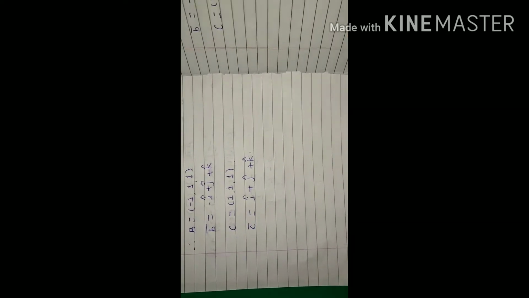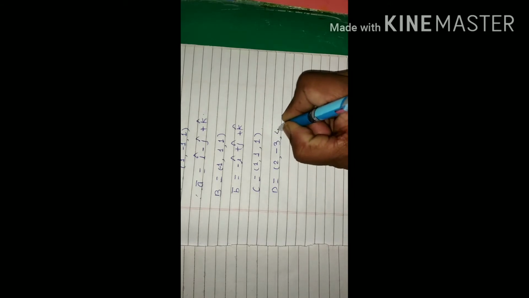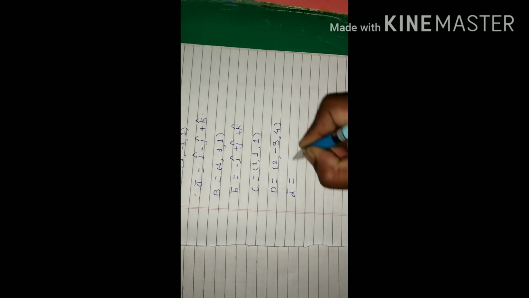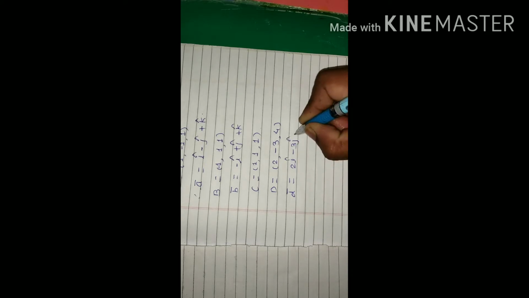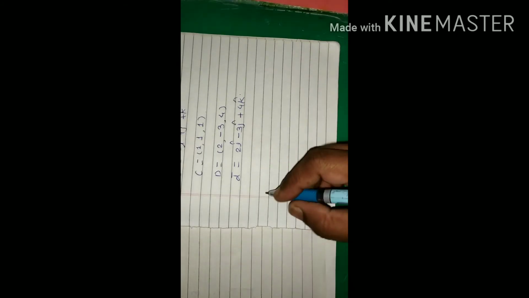And the last point D is equal to 2, -3, 4. Then its position vector d bar is equal to 2i cap minus 3j cap plus 4k cap.